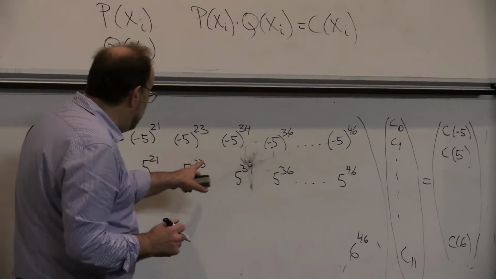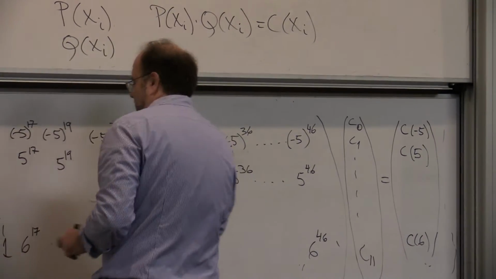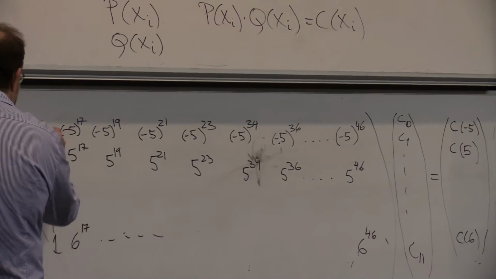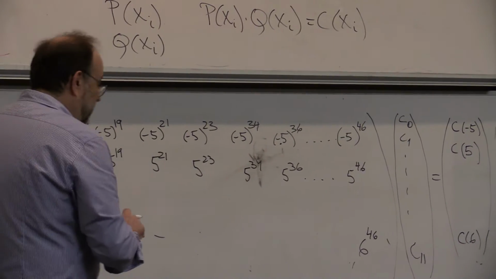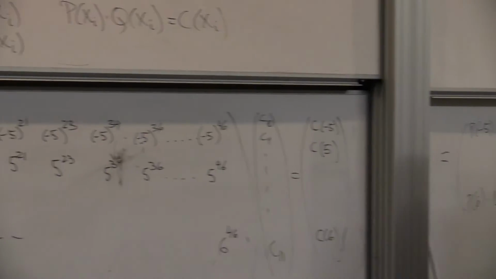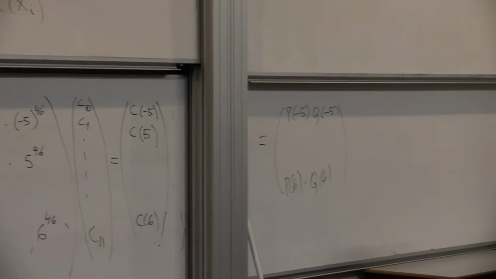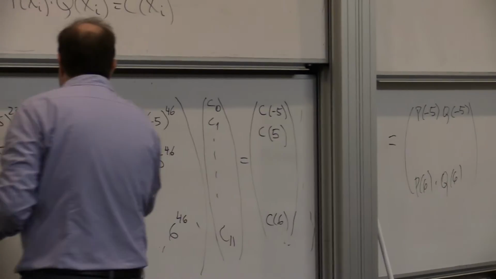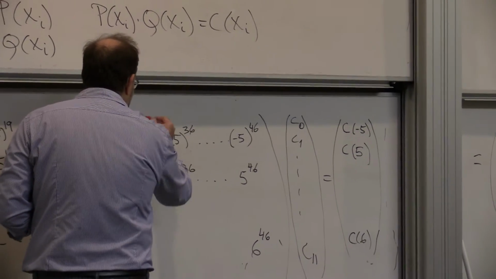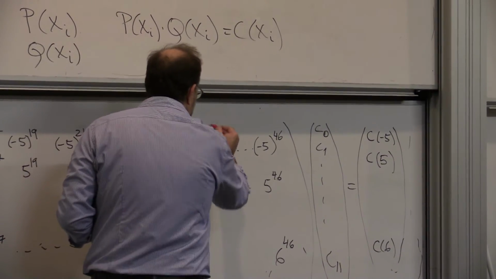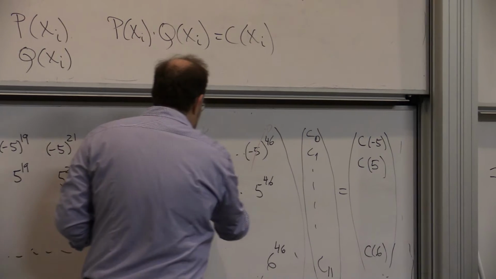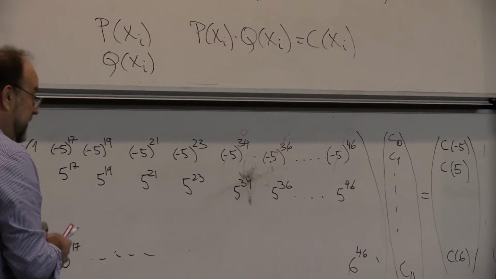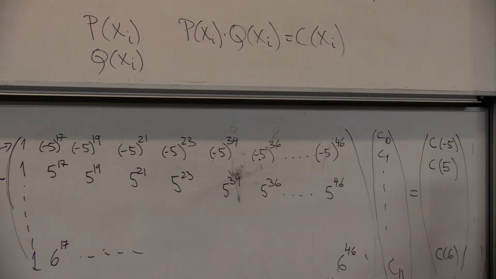You see, if I multiply this by minus 1 and add it to this, what will happen is the following. All even degrees will become 0, right? Because negative 5 to an even power is the same as 5 to that power.